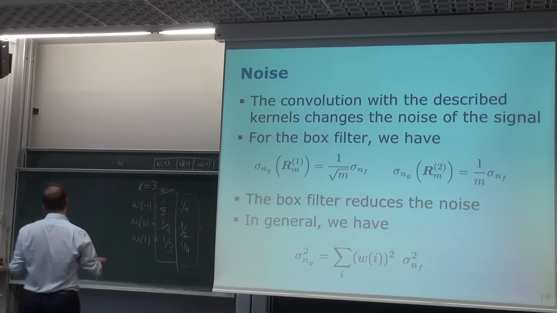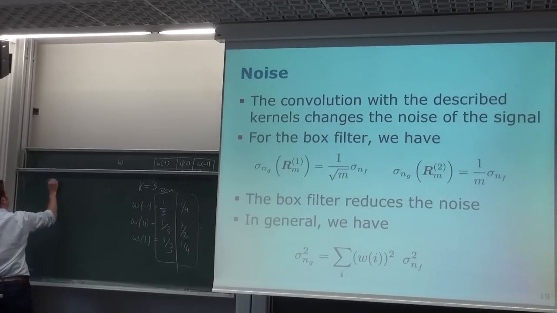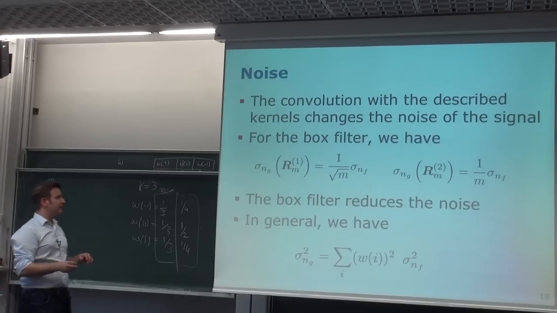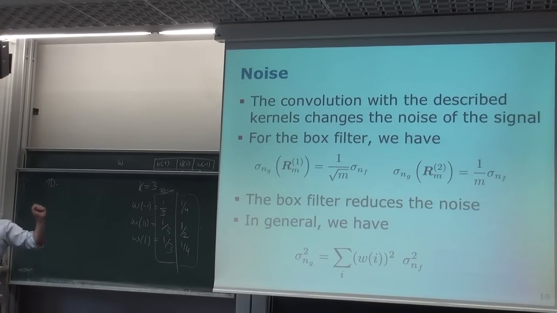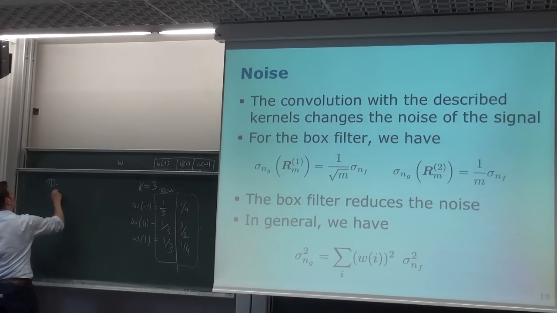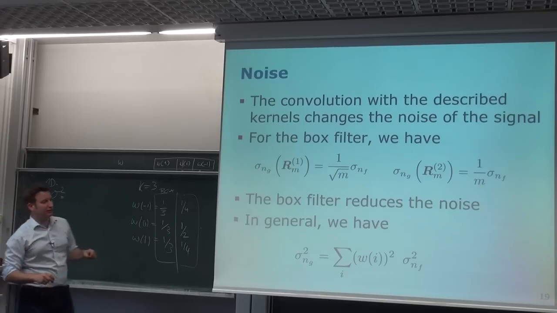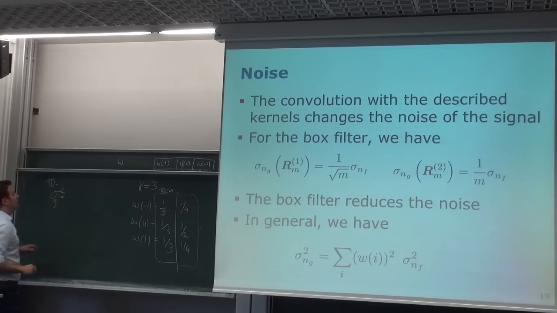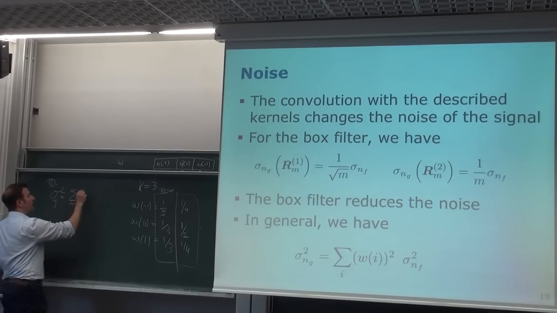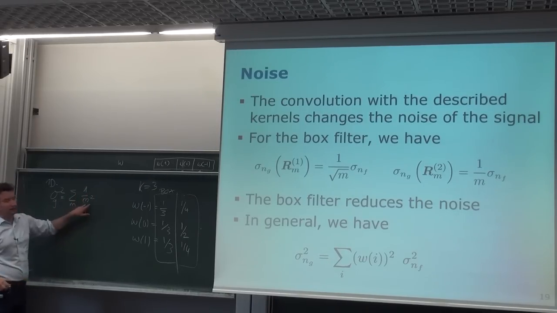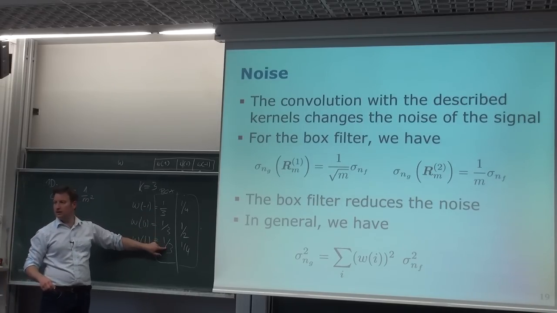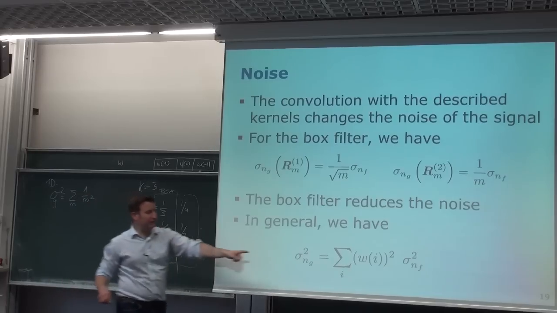So for the box filter, let's say we do that for the 1D case, and we have a neighborhood of m, that means m different values. Then the variance of the output, G, equals the sum over m elements of 1 divided by m squared. This 1 divided by m was the corresponding factor in my kernel, and I need to square it because here's a square.